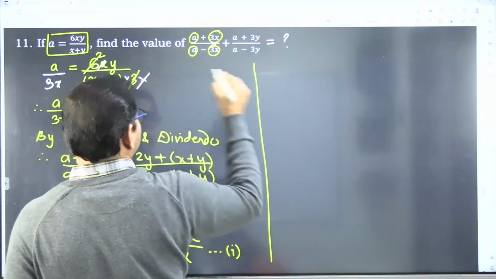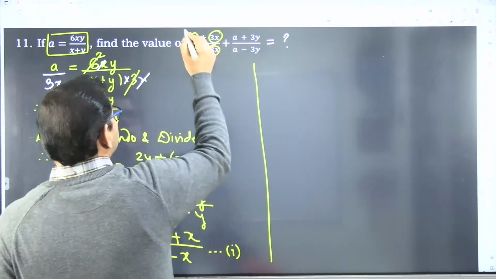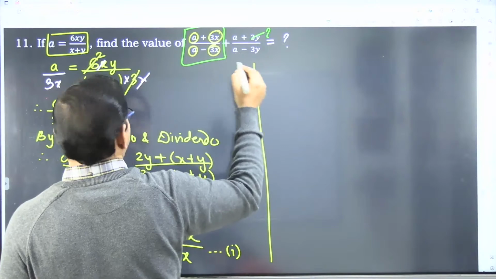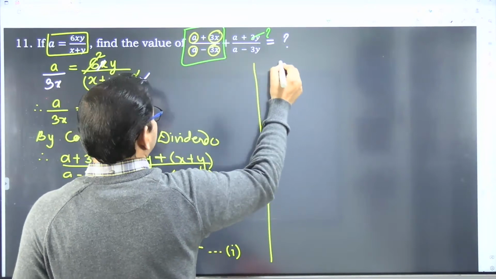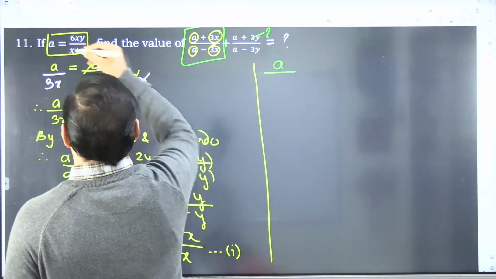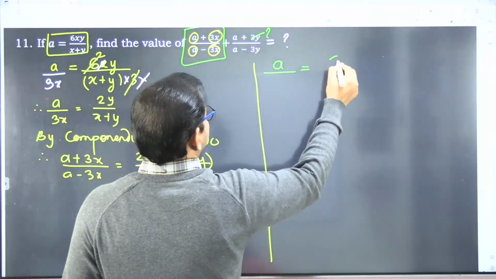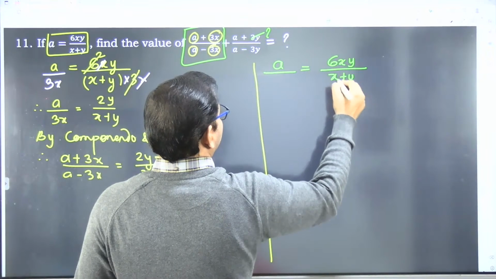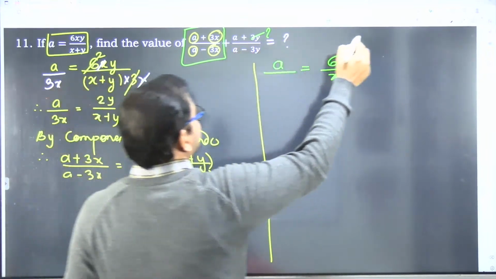Okay, again I start with the given information. क्यों? Because I have taken care of this, but इसके बारे में मैंने कुछ नहीं बोला है. Okay, so let us take that. So again I start with the given information, that is a is equal to what? 6xy upon x plus y. Right? यहाँ पर क्या? a plus 3y.